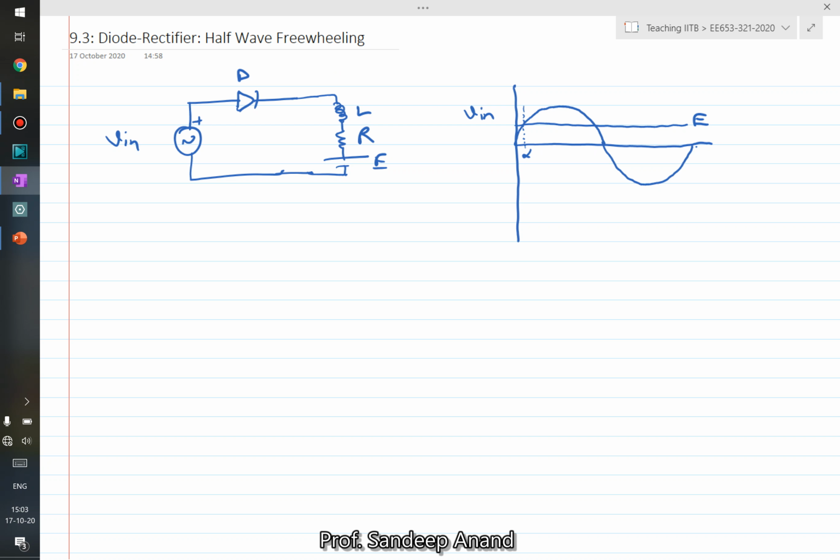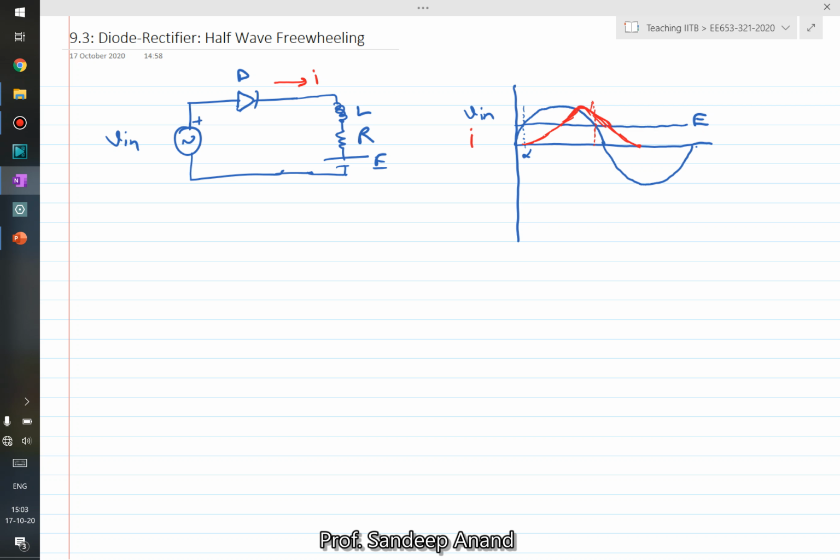As the current starts from the point alpha, it would rise. It would hit a maximum value at this instant if there was no resistance, but because of resistance, it would hit a maximum value somewhere before that, and then the current would start decreasing, and at some point the current would come back to 0.